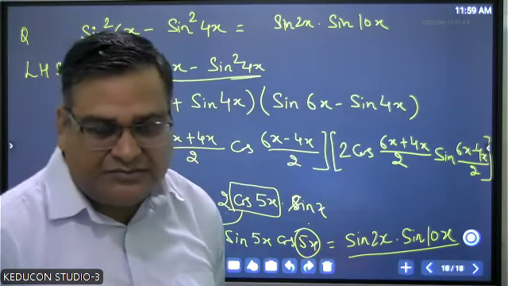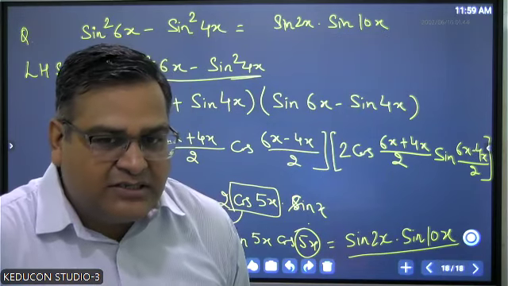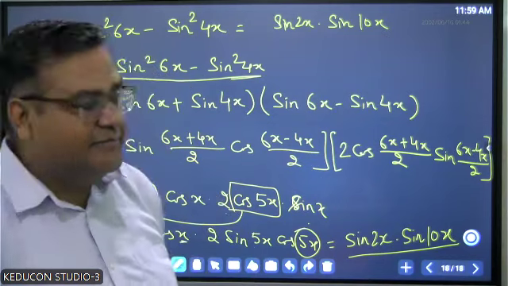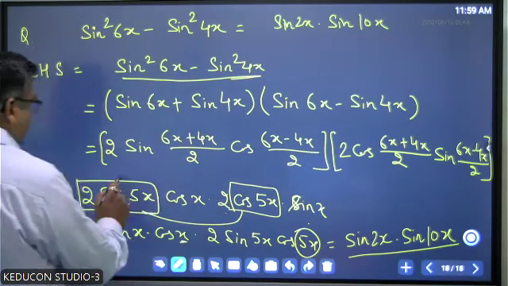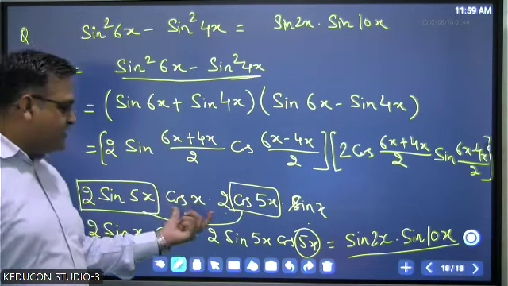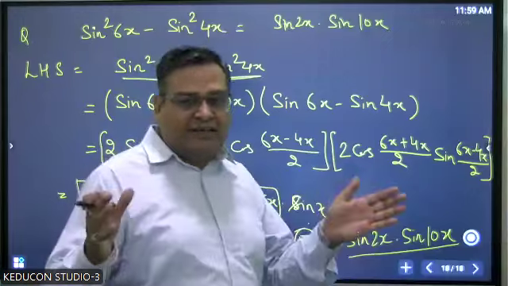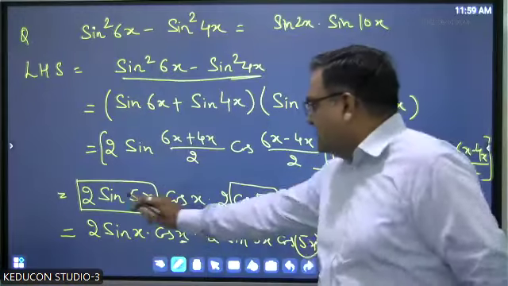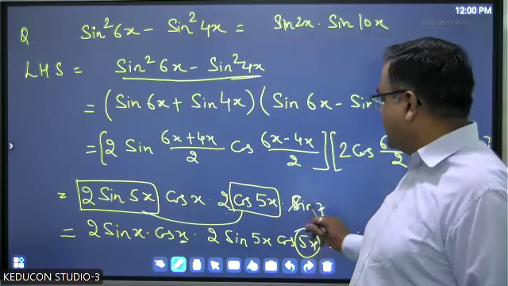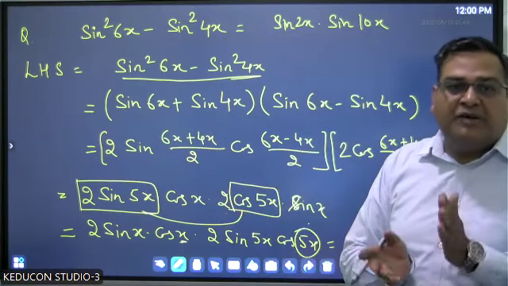Anything not clear? We have done almost all the formulas. There are only a few formulas which we are left. Second last step, right? Look here, beta, what we have here is 2 sin 5x cos x into 2 cos 5x sin x. So we have rearranged the terms so that we can form a formula.